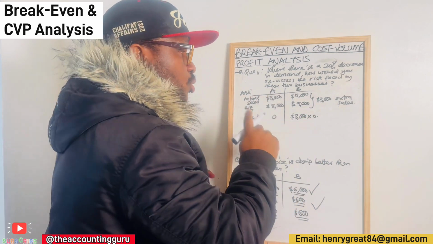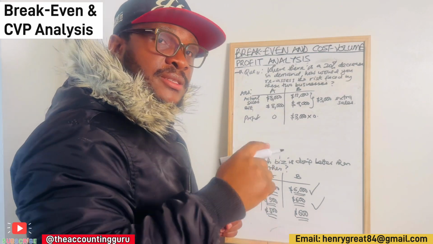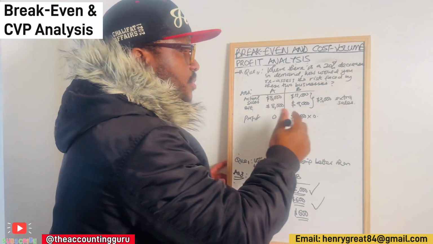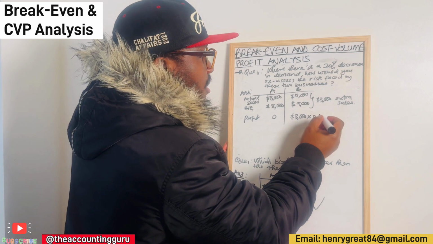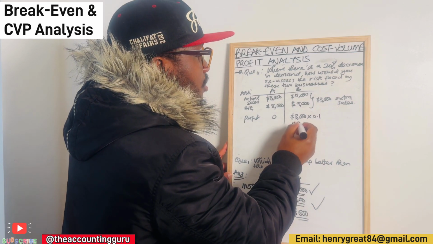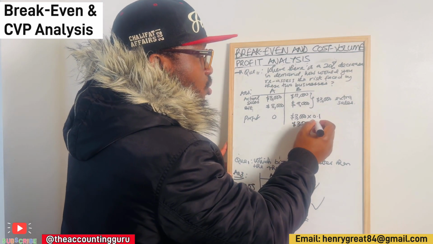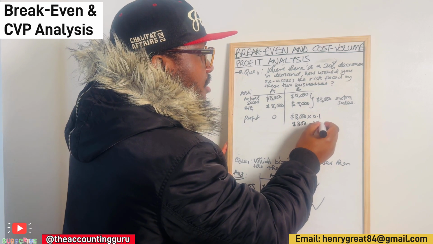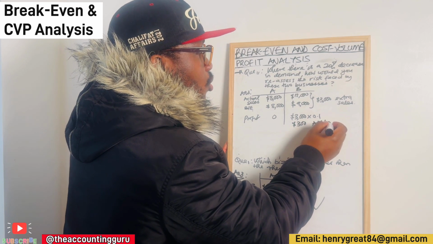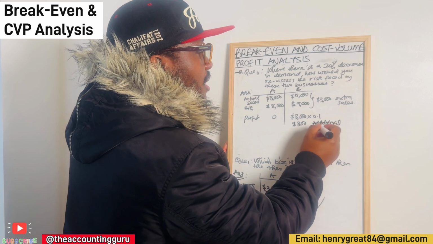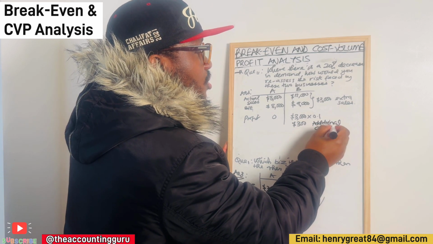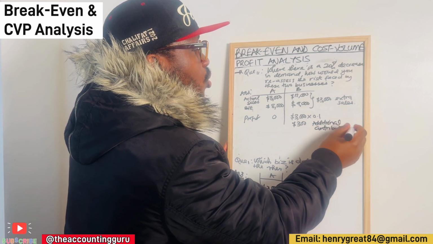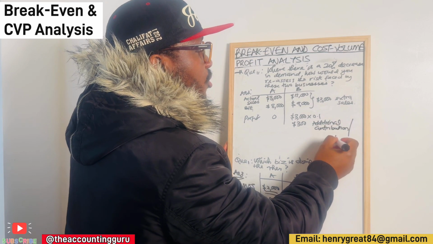Don't forget 0.1 is the CMR, or C over S, of business B. You're right. So you'll be having $300 as the additional contribution or profit.